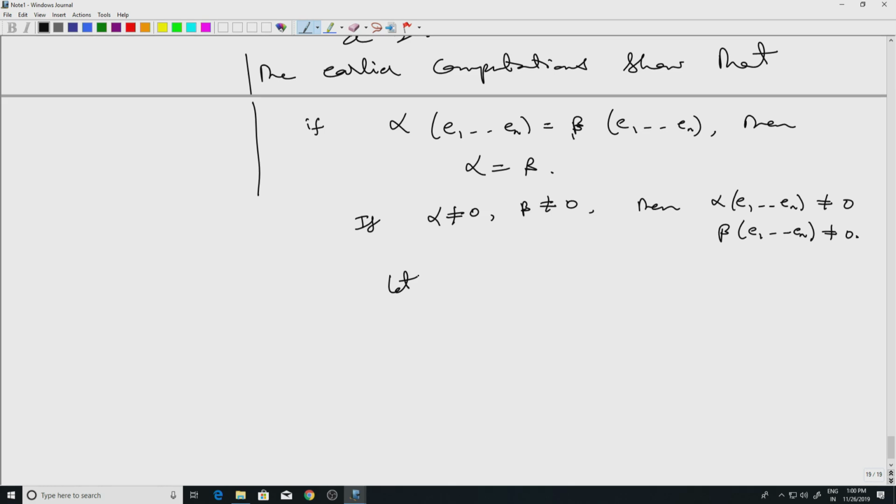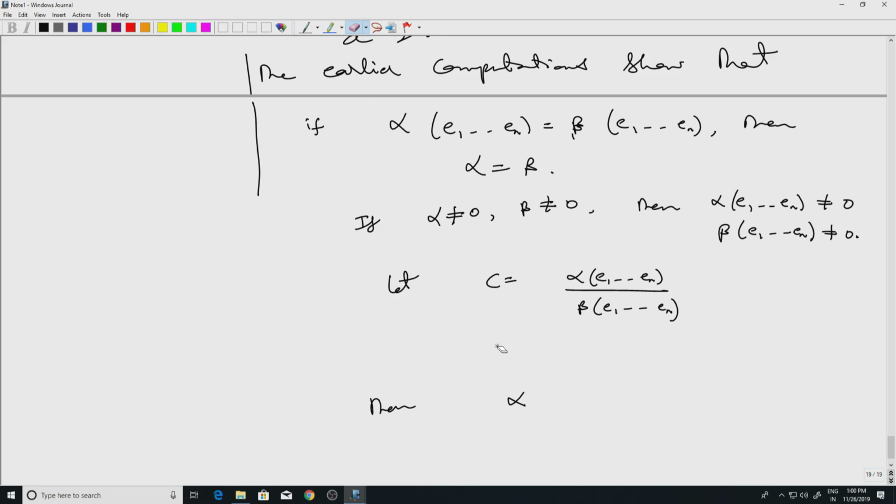let C equal alpha(e1, ..., en) divided by beta(e1, ..., en). I don't even have to give it a new name actually.